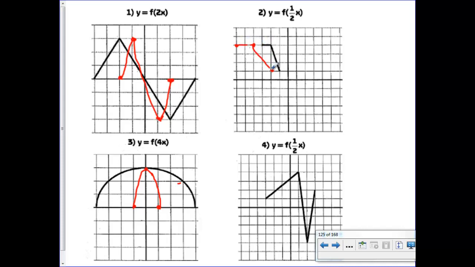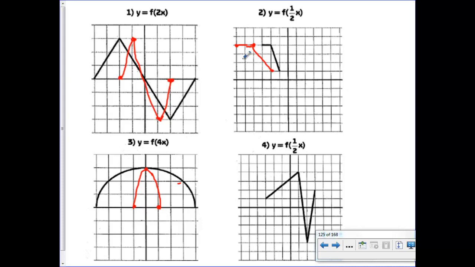Now it's at -6. That's how it would have changed. So -1 goes out to -2. -2 goes out to -4. And -3 goes out to -6. See how everything's been pulled outward? Almost like you're trying to warp it that way?